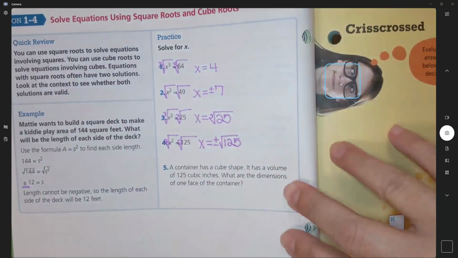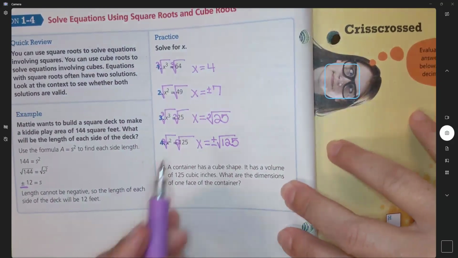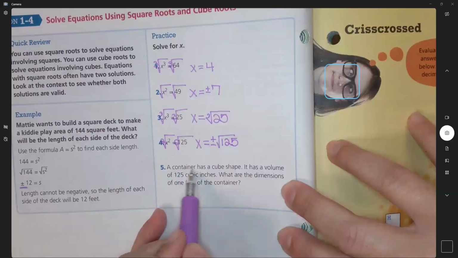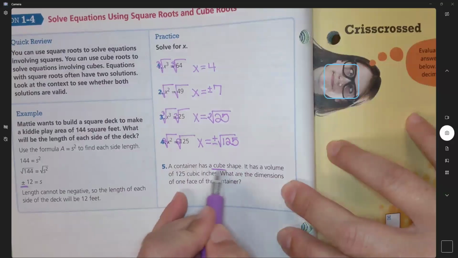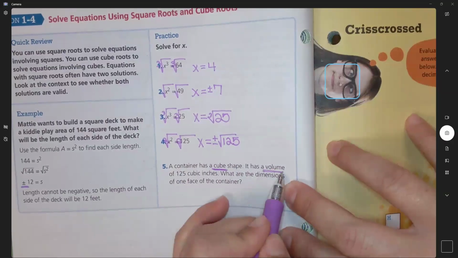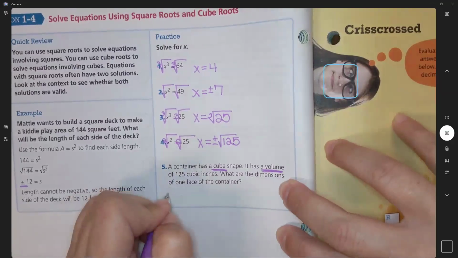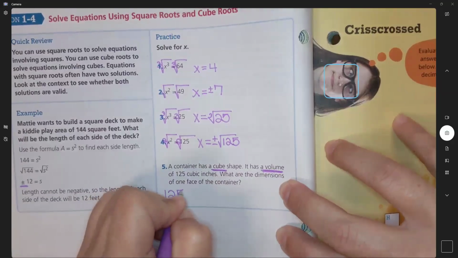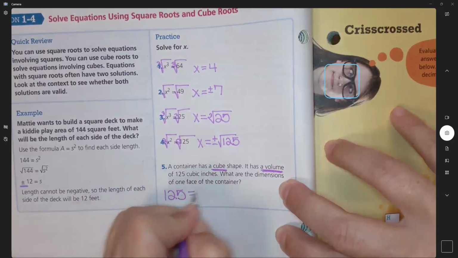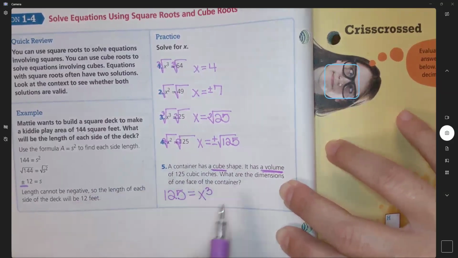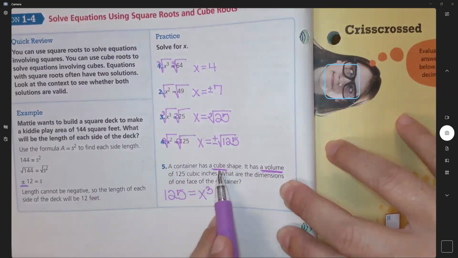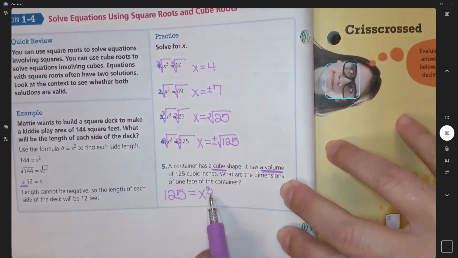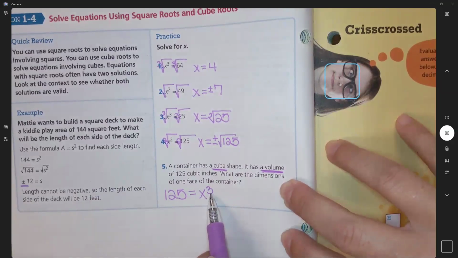Oh, we have a container, guys. It's a cube shape. They gave us the volume. It's 125. If they gave us the volume and it's cube shape, it has to be x to the third power.